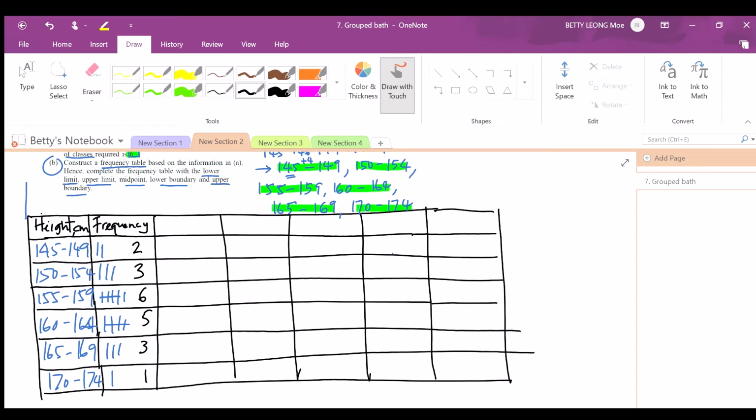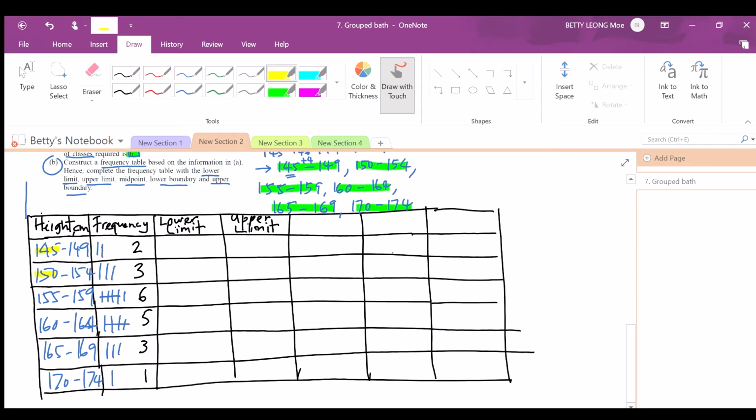Okay, then next you will do the lower limit, and then the upper limit. The lower limit, you just take these numbers: 145, 150, 155, 160, 165, 170.